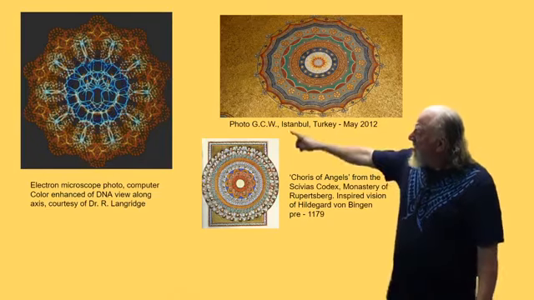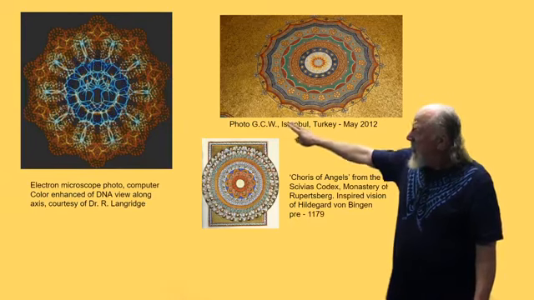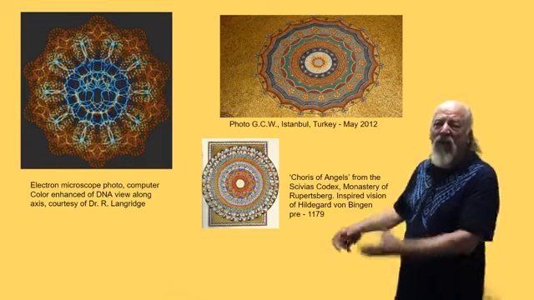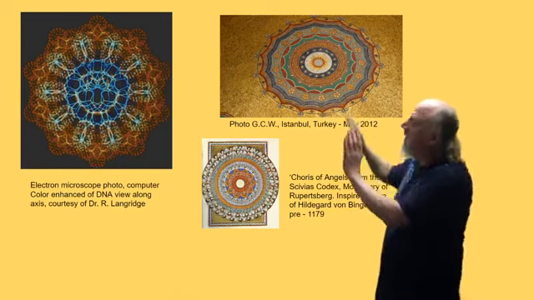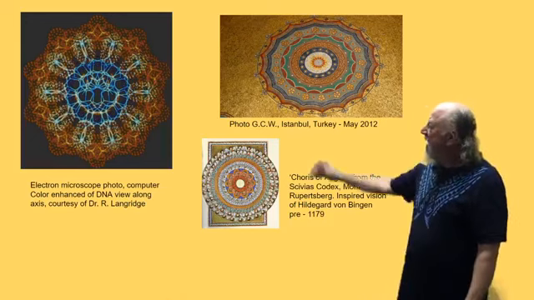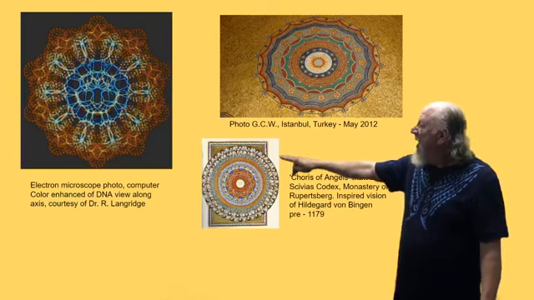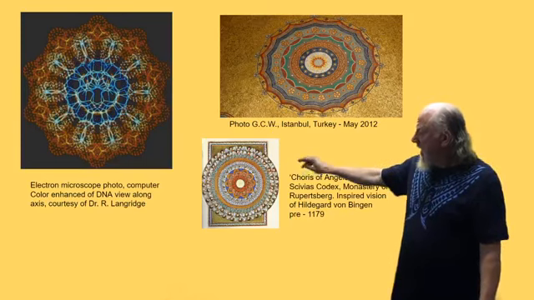I took a picture on the upper right there in Istanbul in 2012. At the time, I didn't even know what I was photographing. Oh, that looks pretty. Click. So later on, I discovered it's an echo of that. And here's another one that predates mine by a ton.